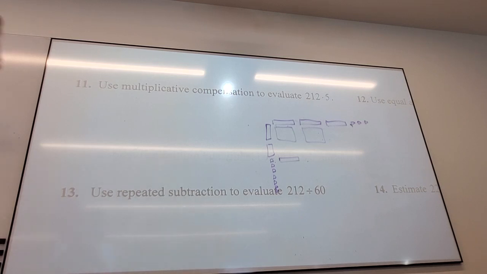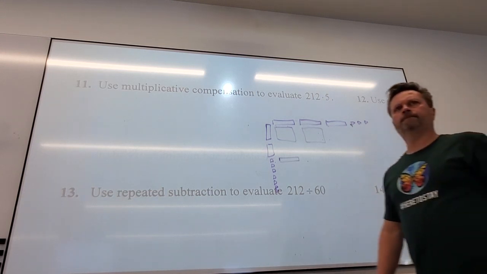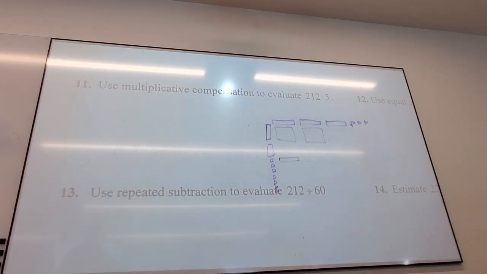Did I do something weird on my answer key? No, I did fine. What's half of 212? Yeah, 106. So then I give that 2 to the 5, so now it's 106 times 10, and that's easy. Multiplying by 10 is great.